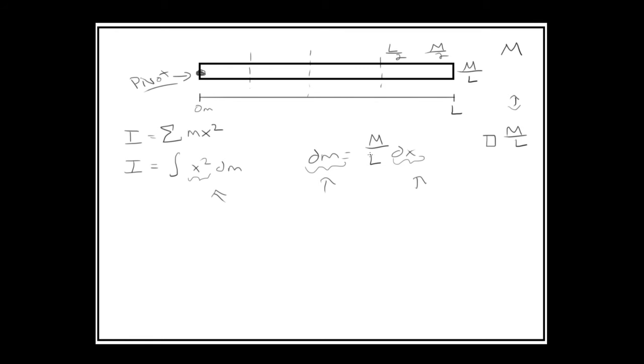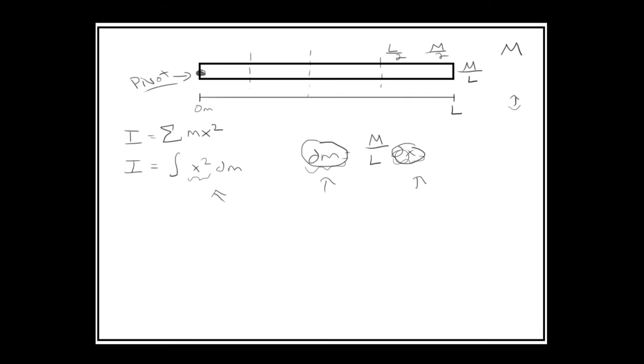In other words, every small change in mass is equal to every small change in x times M over L. Which means that if you have a really small amount of length, you will also have a really small amount of mass, right? Makes sense.